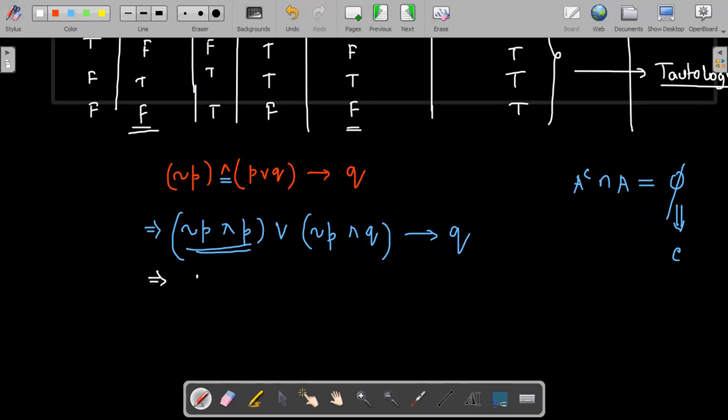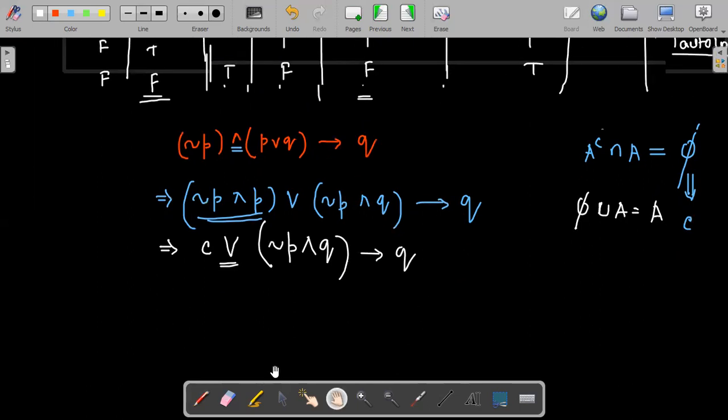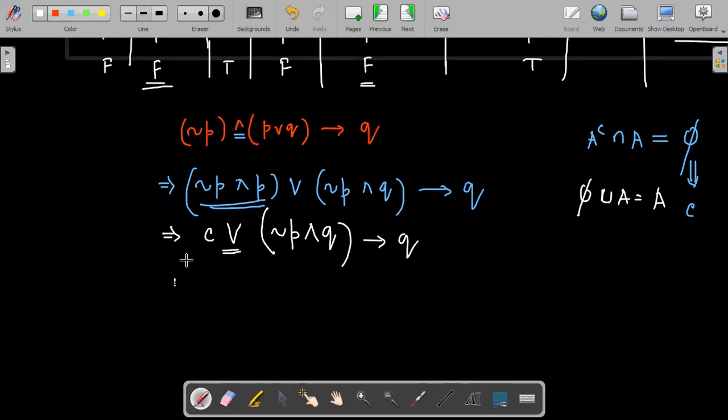So this is C, or P or Q. Try to understand, this is very simple, this is a contradiction, that means null set. If you do union with any null set, you get that set itself, there's no change. So null set union A is nothing but A. So therefore, if you calculate, this is nothing but this.